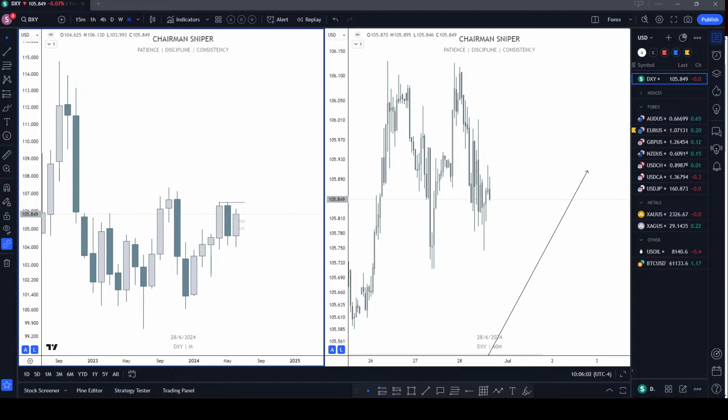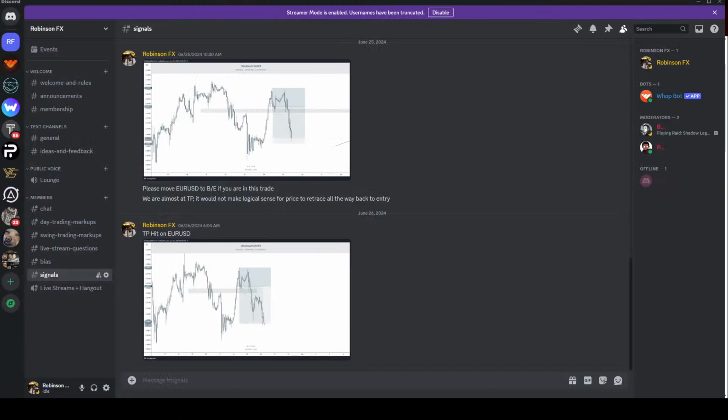Let me actually see what's happening here. I'm actually just realizing that Discord is not the one that is currently on. Okay, there we go.